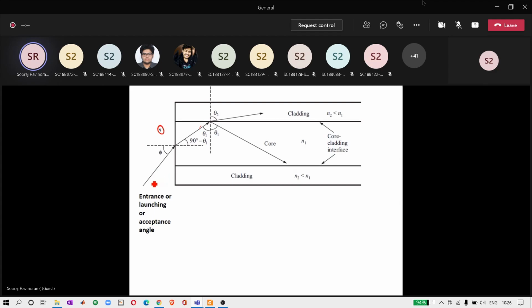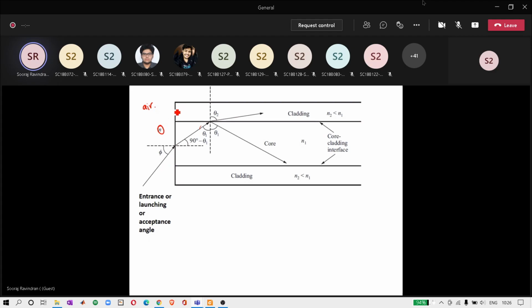You are launching the signal from air inside this optical fiber. Here is air, and all the other parts are the optical fiber. Let's see what this angle phi should be so that total internal reflection can happen.